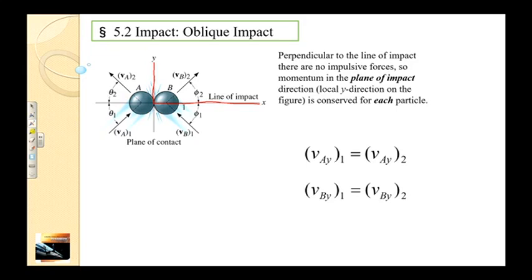So, line of impact, you're going to use conservation of system momentum and coefficient of restitution. And in the plane of impact, you're going to use particle conservation of momentum.